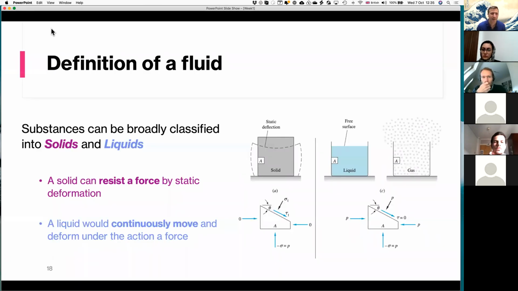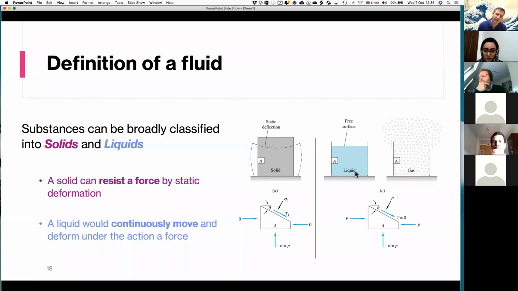So, as you will no doubt have seen, because this appears probably on the 3rd page, we are starting to classify fluids and solids and liquids as things that are essentially differentiated by their resistance to a force, right? That seems fairly straightforward. If you apply a force to a solid, it can resist it with a static deflection.